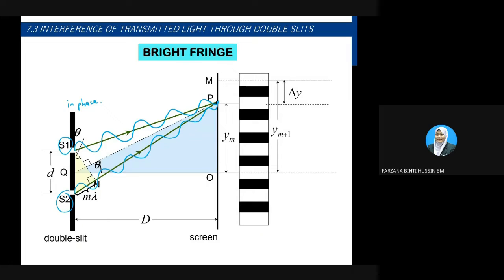If we look at the final one, both will meet at the same point, so it will create a bright fringe. It happens to be a constructive interference here.